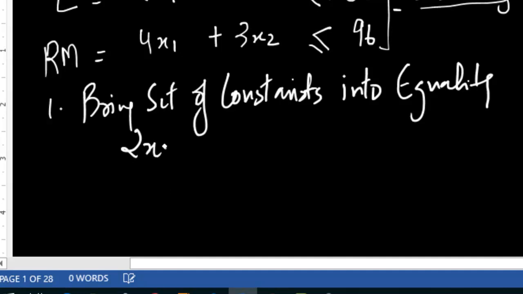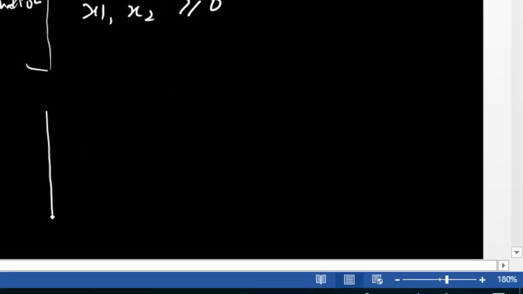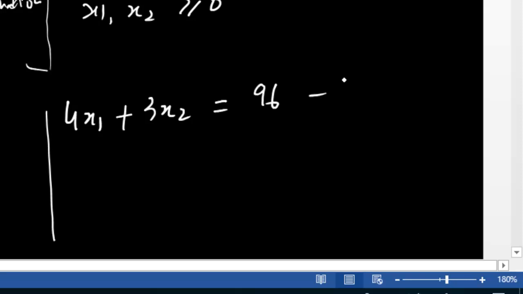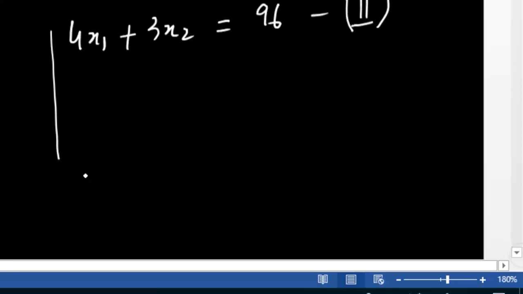So this is 2x1 plus 3x2 is equal to 60. Let me call this equation 1. In a similar manner, I have another equation, 4x1 plus 3x2 equal to 96. Let me call this equation number 2. Now from this I will derive the values of x1 and x2.